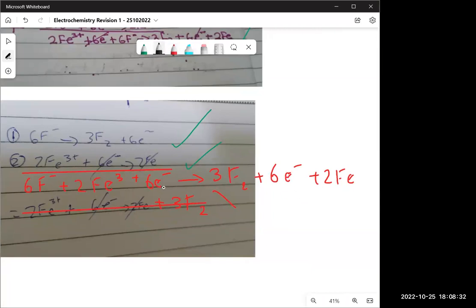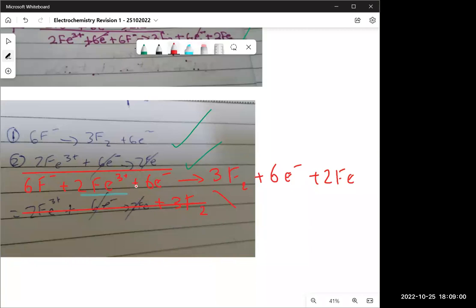Now what is the same on both sides? Exactly the same: six electrons. If I ask you, Diana, do you have Fe3 plus on the other side?